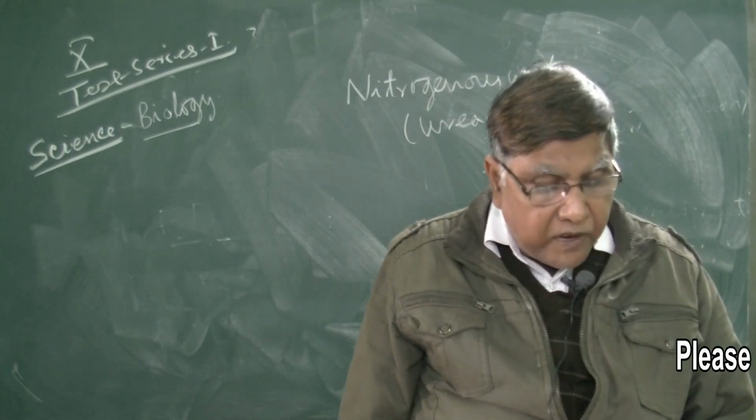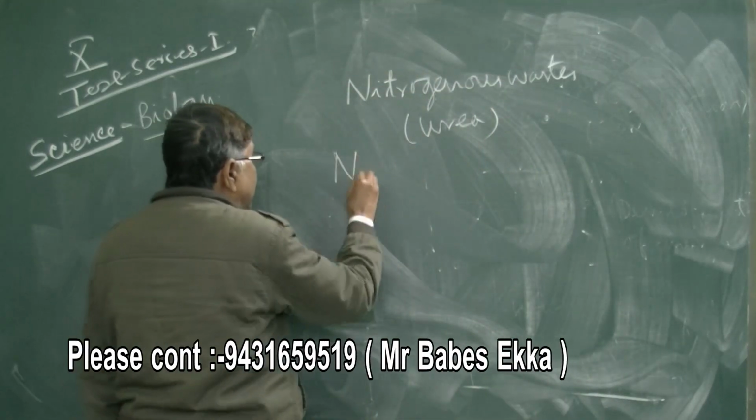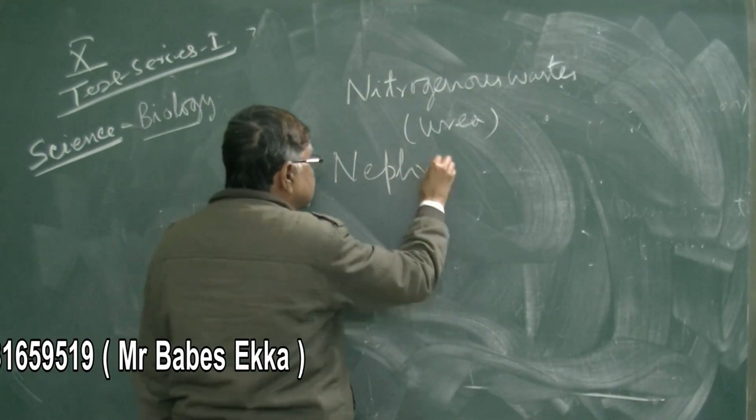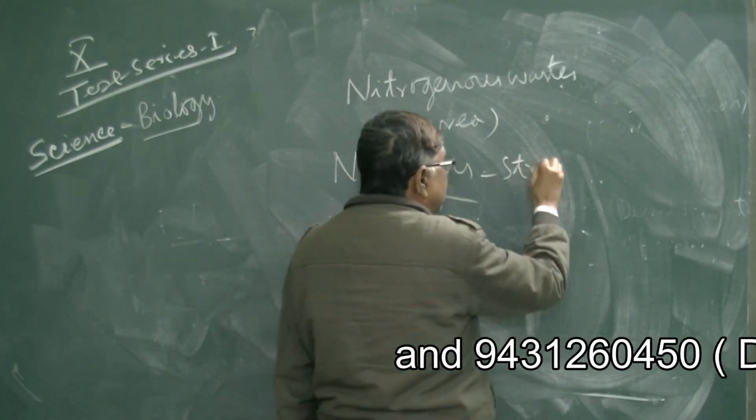Name the basic filtration unit. Basic filtration unit, you know what is the basic filtration unit? Nephrons. Nephrons are the structural and functional unit of kidney.